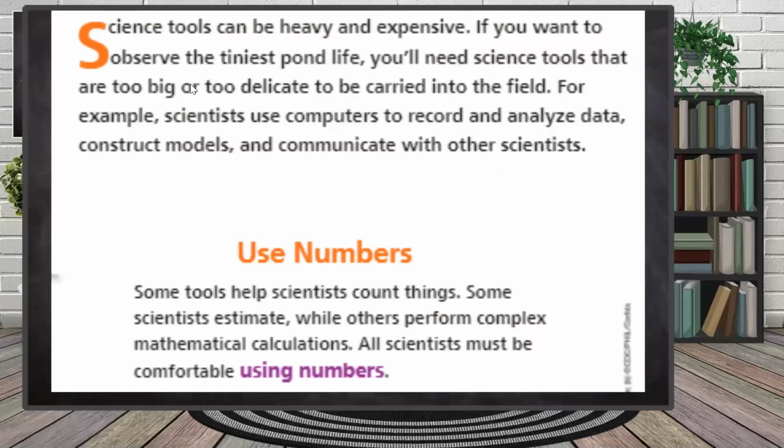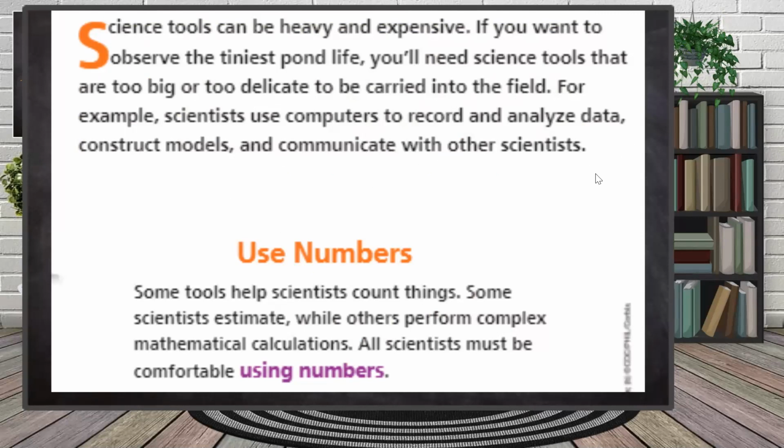If you want to observe the tiniest pond life, you will need science tools that are too big or too delicate to be carried into the field. For example, scientists use computers to record and analyze data. What do I mean by data? Information. Construct models and communicate with other scientists.